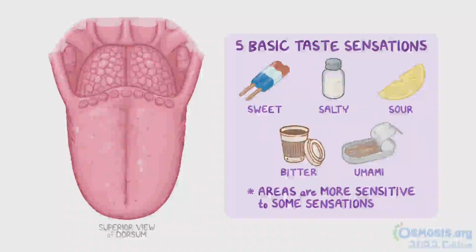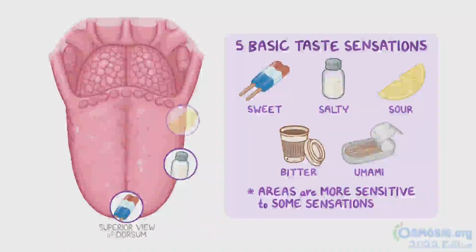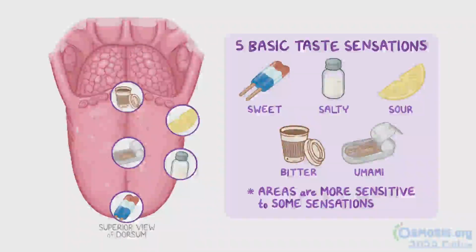For example, sweetness is mainly detected at the apex, saltiness at the lateral margins, sourness more posteriorly at the lateral margins, bitter at the posterior aspect around the terminal sulcus, and lastly, umami at the central part of the tongue.